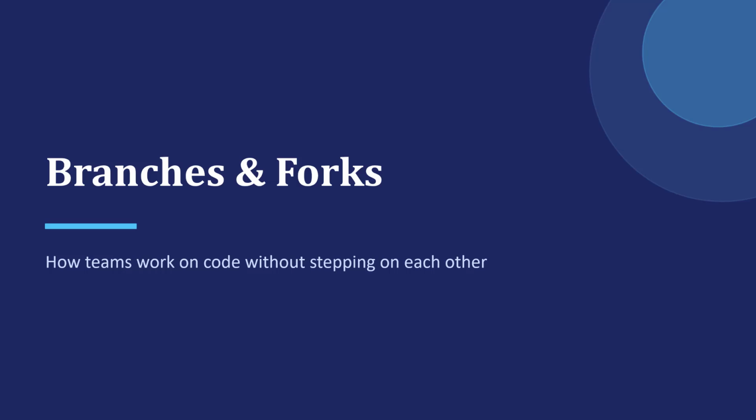Because a single person having access to their repo, pushing things, and making changes works fine when you're alone, but it breaks down the moment multiple people are trying to touch the same code base. So in this video, we're going to talk about the tools that make team development possible, which is branches and forks.